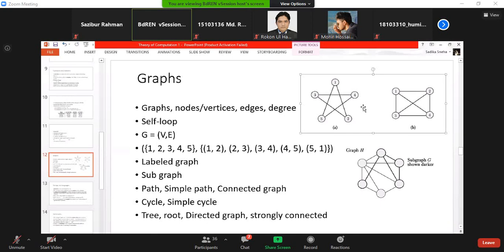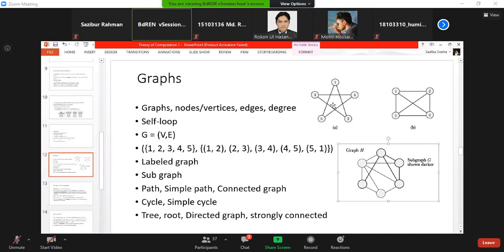What is degree? The number of edges in a node is known as degree. So tell me, what is the degree of 1 in picture A? Degree is the number of edges coming from any vertex.